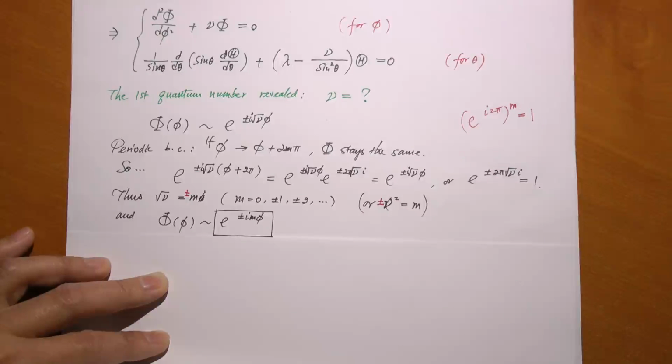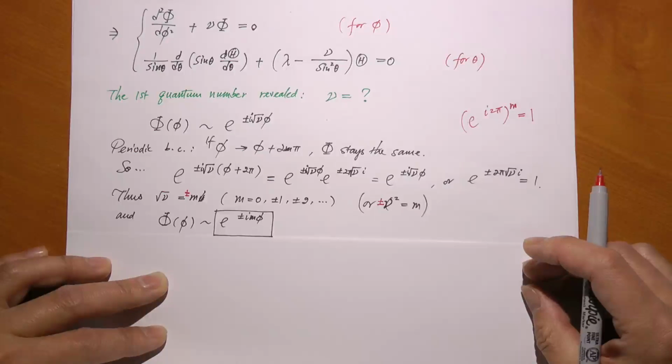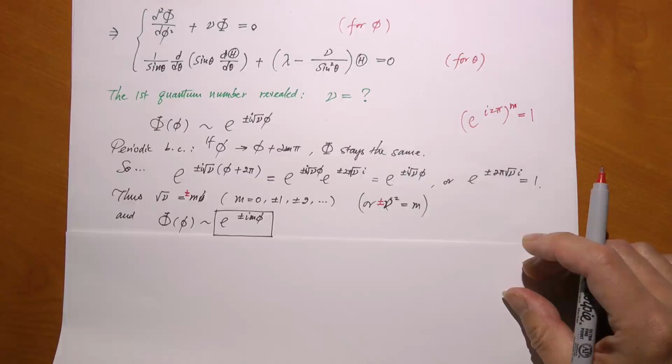So you see, we have our first quantization condition in solving the three-dimensional Schrödinger's equation in a centrally symmetrical potential. And the way we obtain this first quantization condition for m is just the same as the way we obtained any quantization condition before in the previous chapter, and that is we try to satisfy what? The boundary conditions.